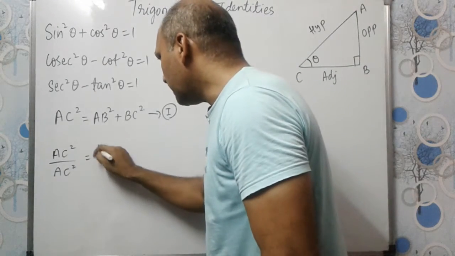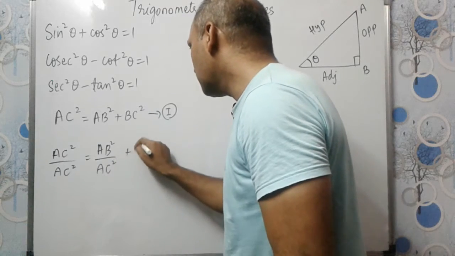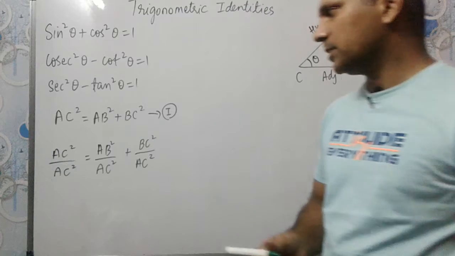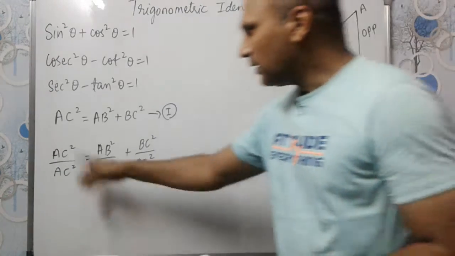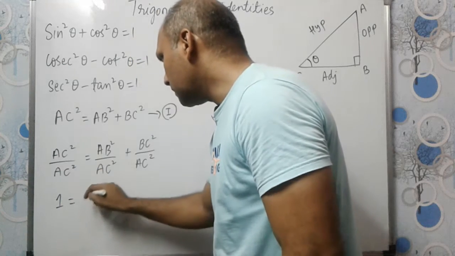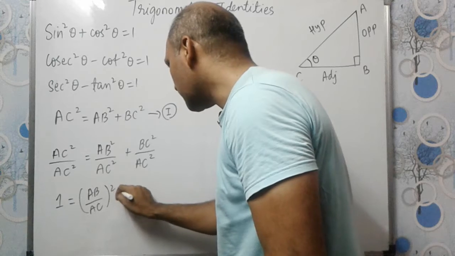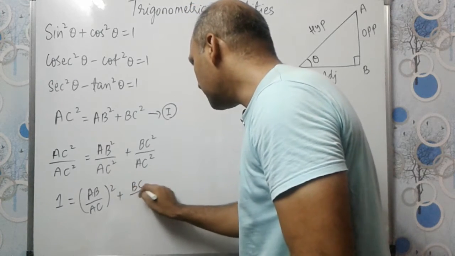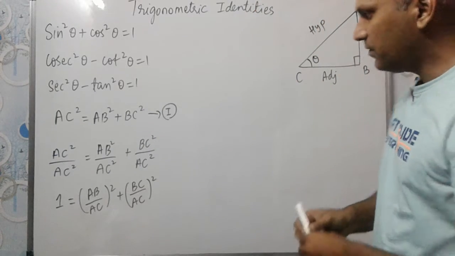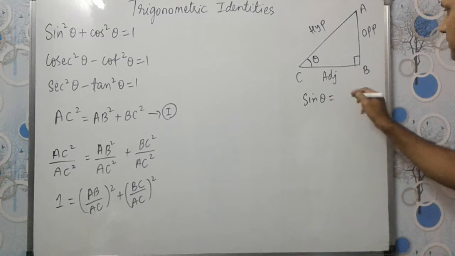So we are dividing both sides by AC square now. AC square by AC square will be equal to 1. Now this is AB divided by AC whole square plus BC divided by AC whole square. But from this triangle, what is sin theta?